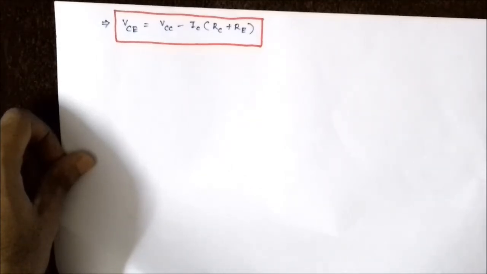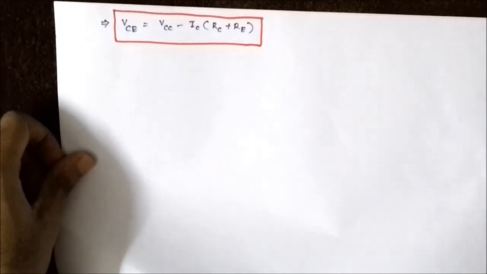Whether you use it to draw the load line or anything, that is the secondary purpose, but the main purpose is to determine the output current and the output voltage. So here we have determined the value of the collector current and the collector emitter voltage using KVL equations to the input and output loops.